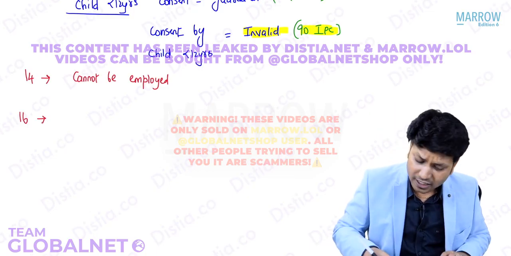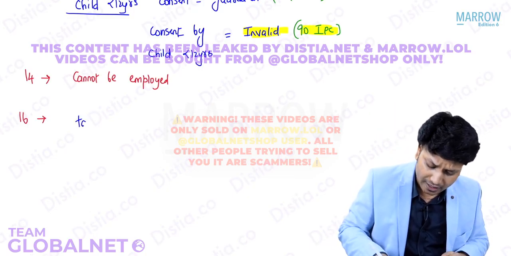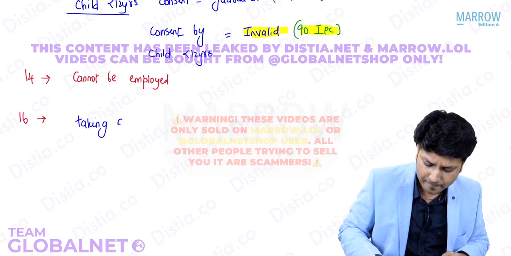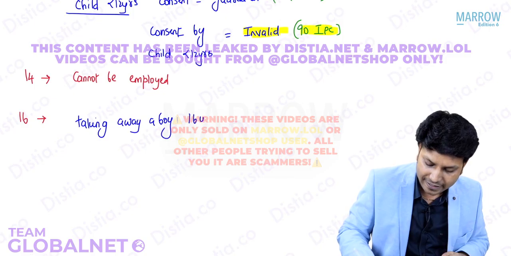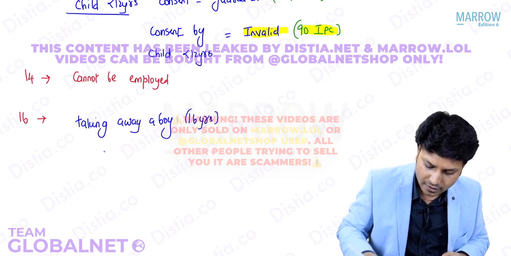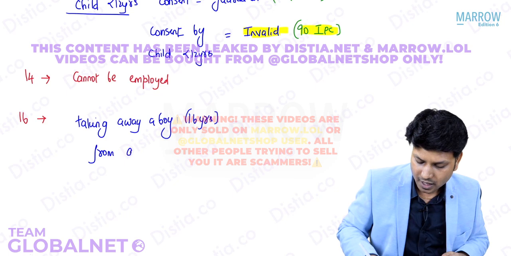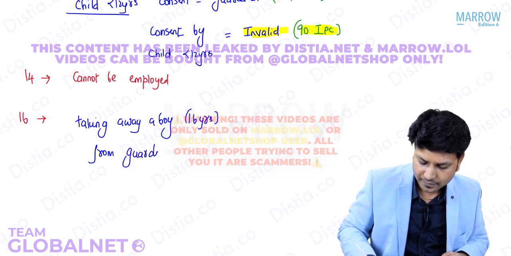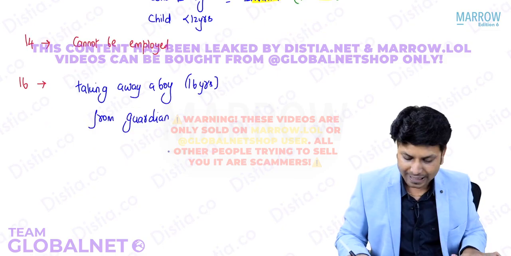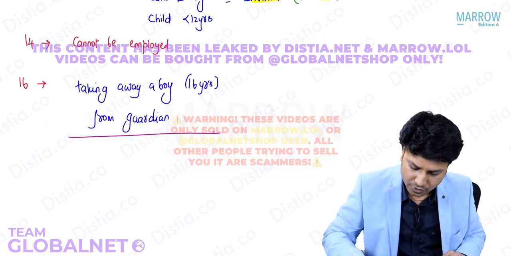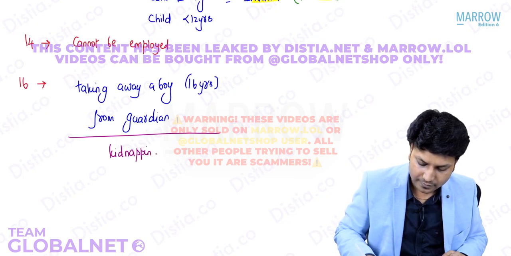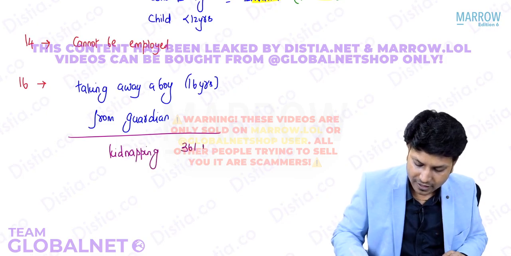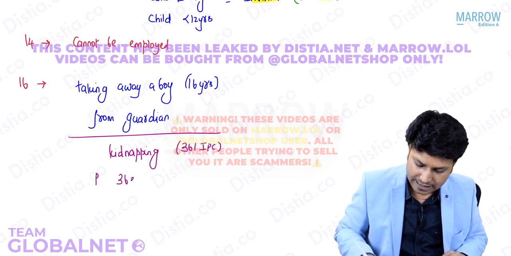16 years. Taking away a boy of 16 years from lawful guardianship amounts to kidnapping. 361 IPC is the definition of kidnapping, and the punishment is given by 363 IPC.